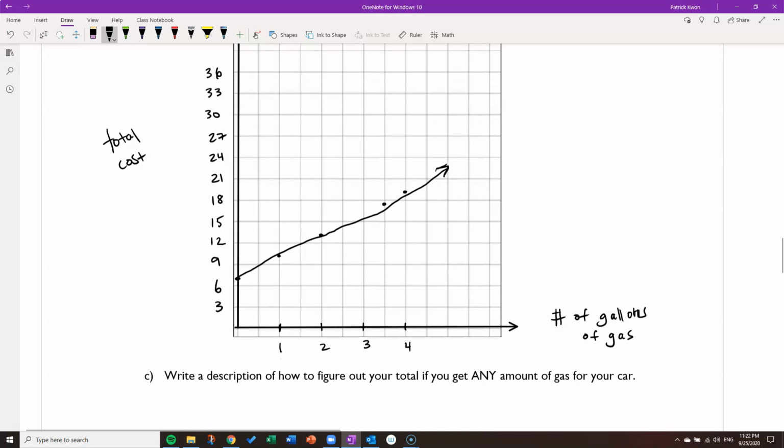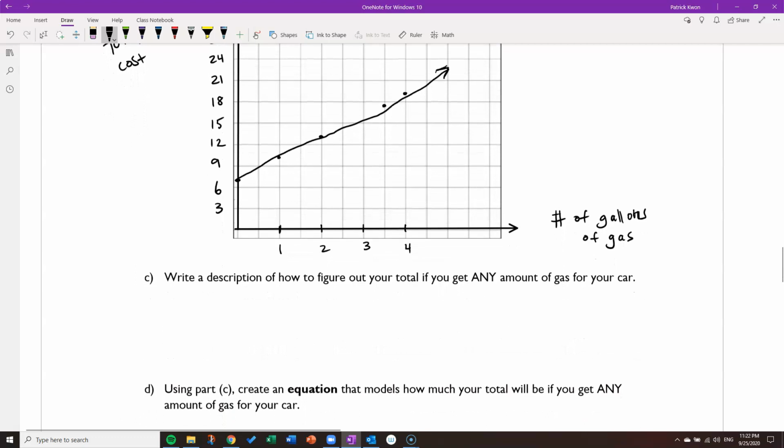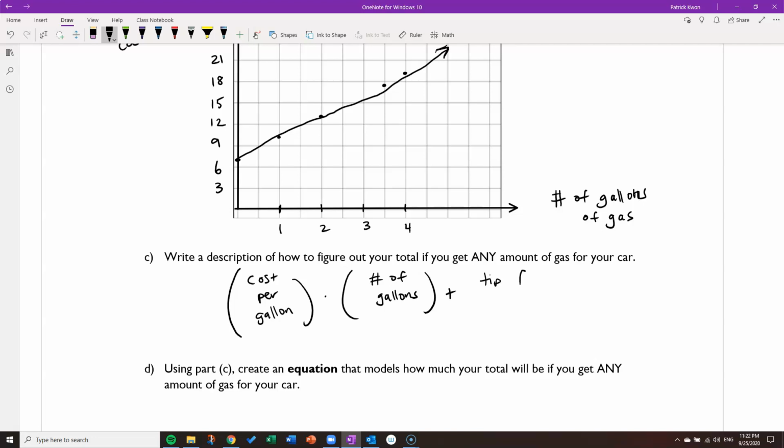I struggle with that. Part C says, write a description of how to figure out your total if you get any amount of gas in your car. So similar to the previous problem, we're going to put the cost per gallon, and we're going to multiply that by the number of gallons that you get. And then we want to add on any tip for the attendant. And some of these have number values already, and some are going to be variables.